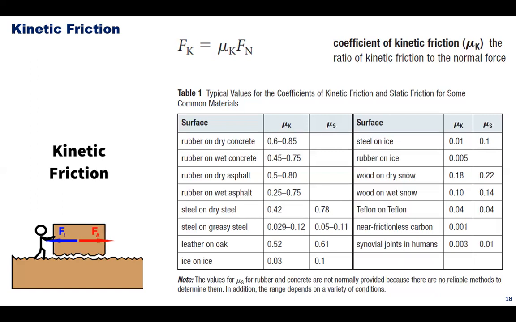Note that the coefficient of kinetic friction is less than or equal to the coefficient of static friction. Note also the value for synovial joints in humans. Biomedical research into friction in joints is an advancing field.